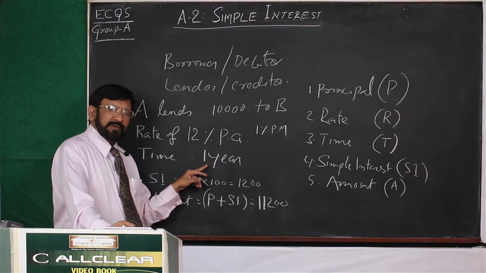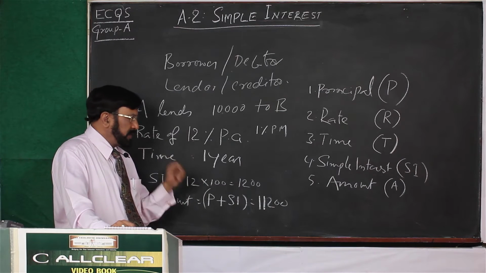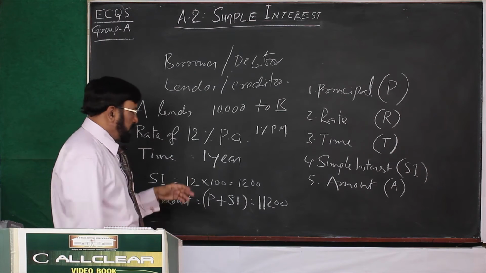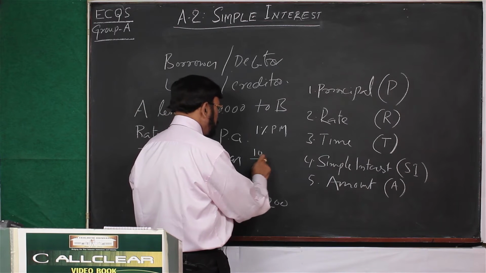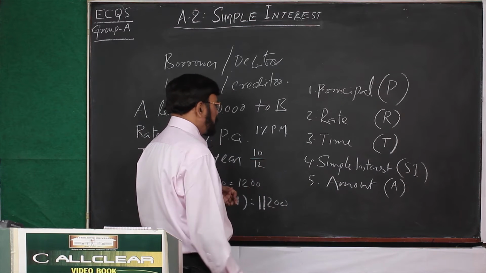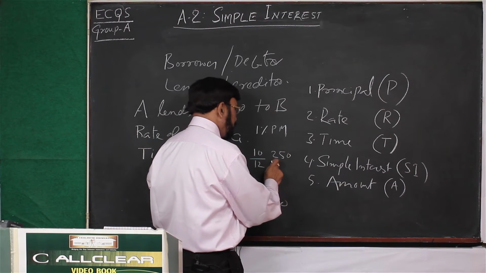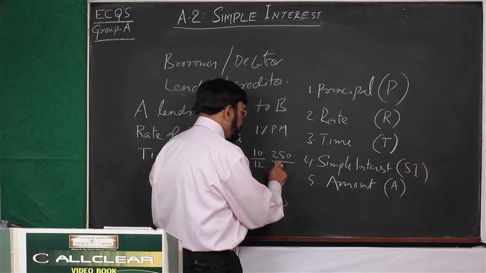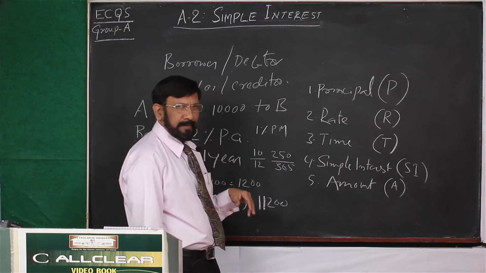Thereafter, time should always be in years only. For example, if time is given as 10 months, then what you have to do? 10 by 12. Suppose time is given as 250 days, then 250 by 365 days. This is the year.